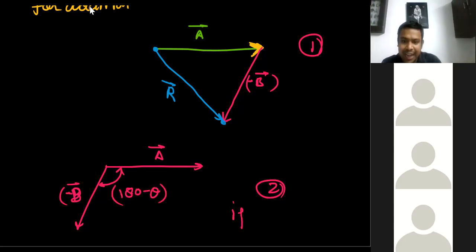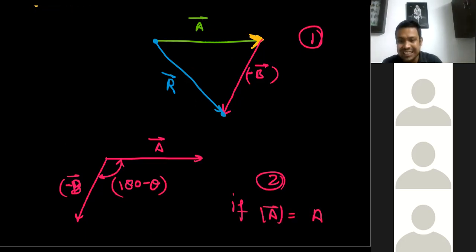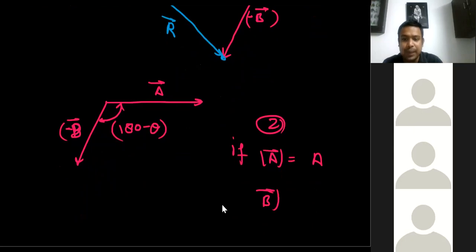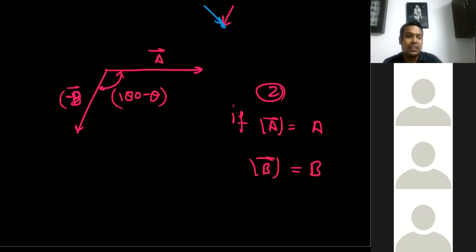If the magnitude of vector A is a and the magnitude of vector B is b, we can write in this law, vector A and minus vector B are both the adjacent sides of a parallelogram.